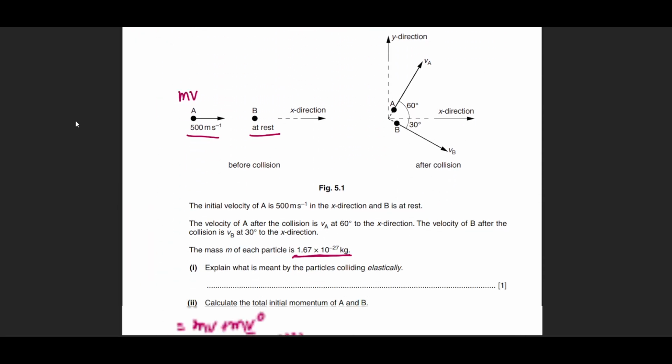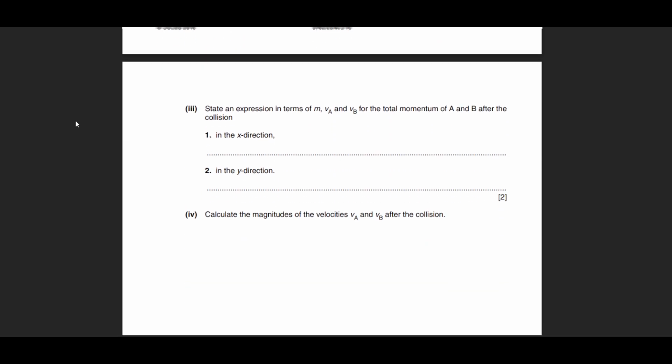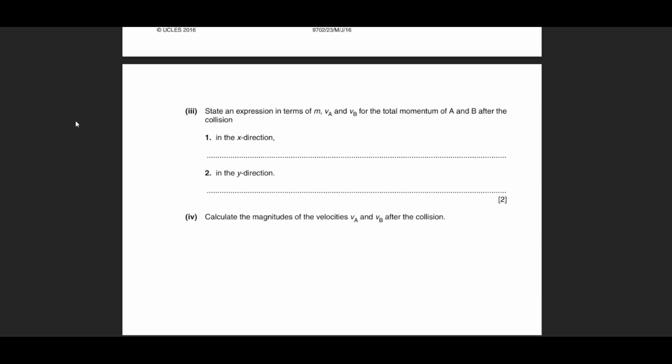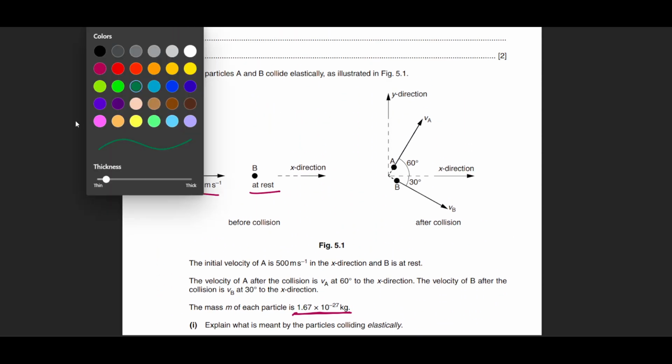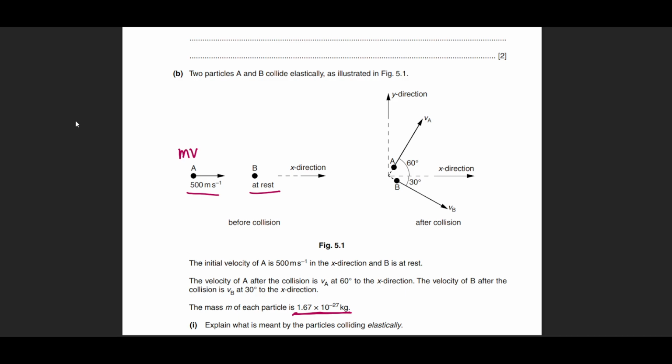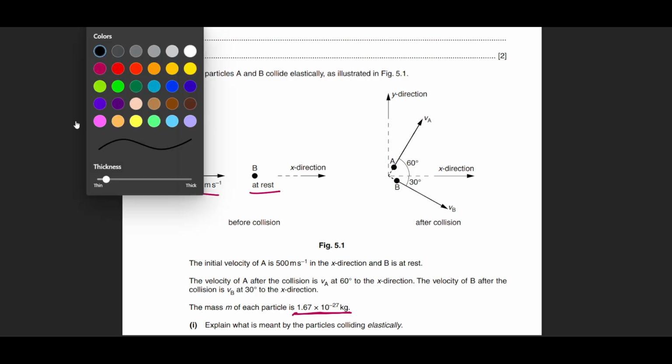Okay, so the next question, he says to find out, in terms of MA, VA, and VB, the total momentum in the x-axis direction and y-axis direction. So it's generally going to talk about the momentum in terms of vector components. So along the x-axis, let me erase this and make some space.